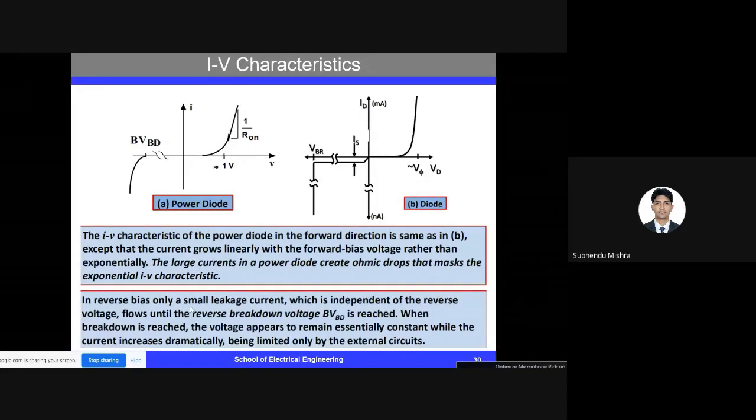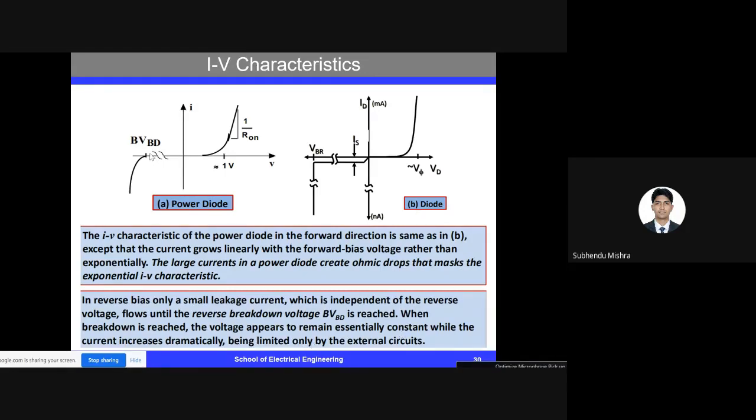In the reverse region, only a small leakage current, which is independent of the reverse voltage, will flow. Again, the reason is the N minus layer. When the breakdown is reached, the voltage appears to remain essentially constant, while the current increases dramatically, being limited only by the external circuit.